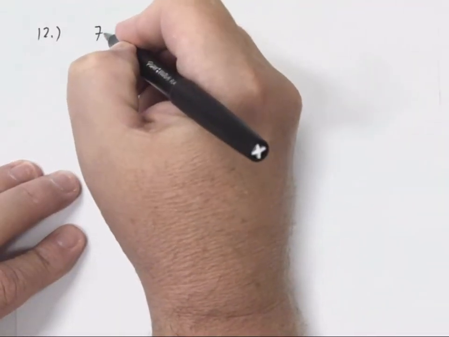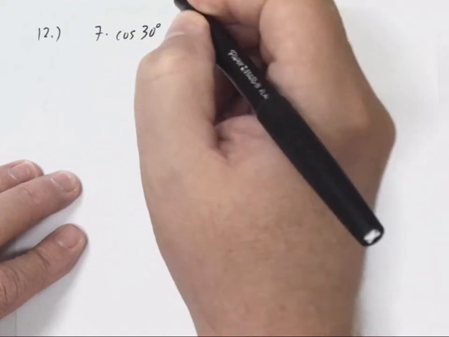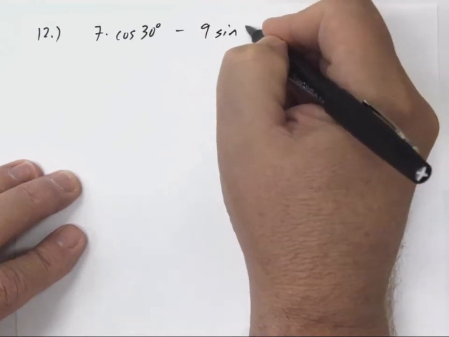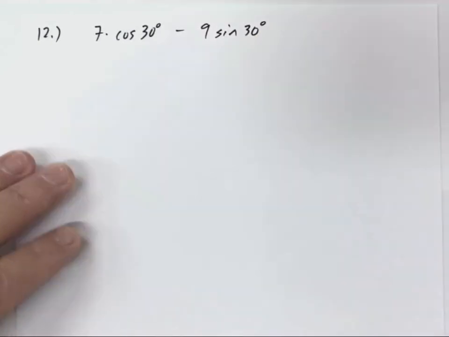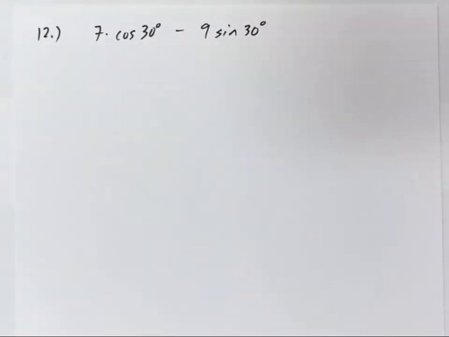And the expression is 7 times cosine of 30 degrees minus 9 sine of 30 degrees. 30 degrees is one of my special angles.